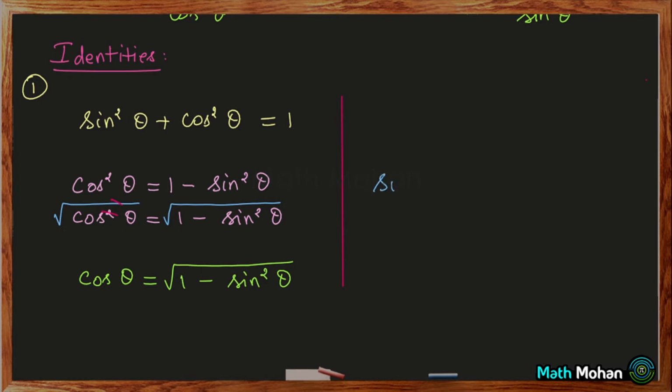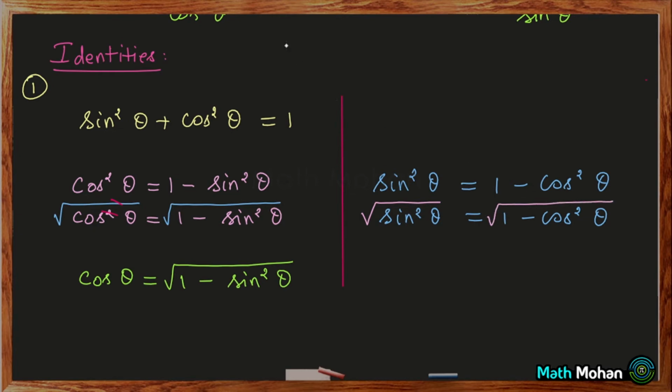So sine square theta equal to 1 minus cos square theta. Again, if I want sine theta alone, I have to take the square root on both sides.